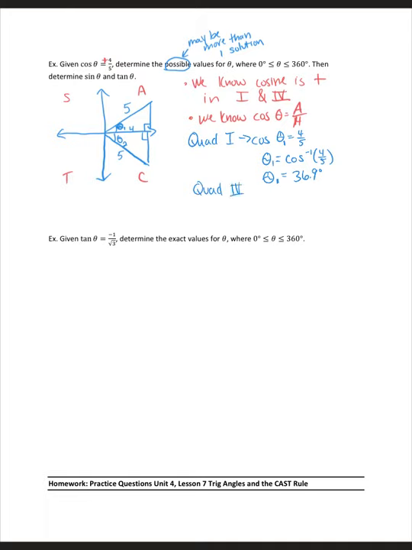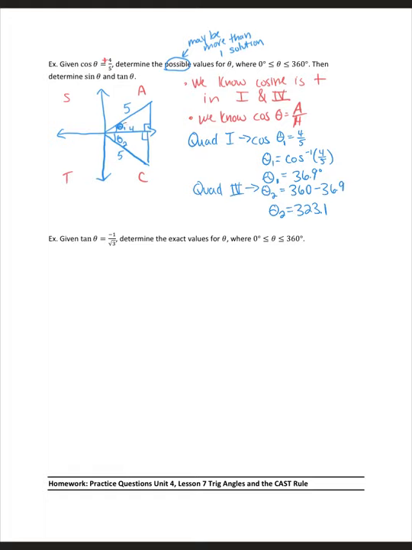All right, and then if we want to determine what theta is going to be in quadrant 4, we can simply take that 36.9 and subtract it from 360. Because we can see here that 36.9 is just going to be our related acute angle. So theta 2 is going to equal 323.1. So just want to explain that again.